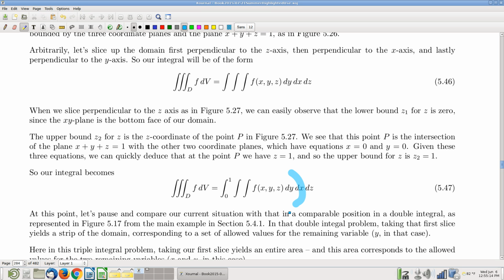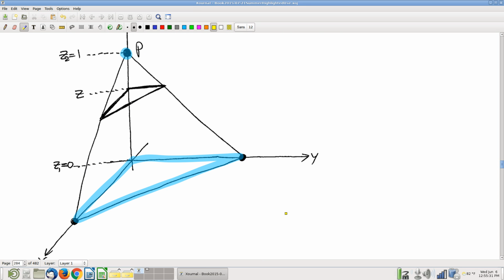No. We've already done our Z slicing. We've agreed that Z goes from 0 to 1. I'm now going to focus my attention on that one Z slice, and on that one Z slice, I ask the range of values of X. So we're not looking for X goes from 0 to 1.